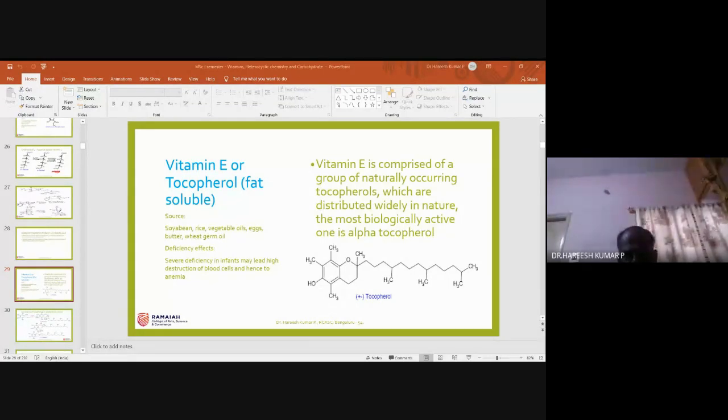Out of which the biologically important one is called alpha tocopherol. Let's give an entry. So group means alpha tocopherol, beta tocopherol, gamma tocopherol, but the biologically important one is alpha tocopherol.